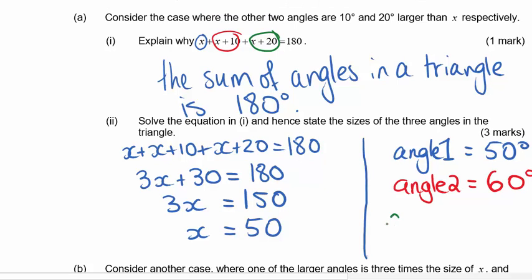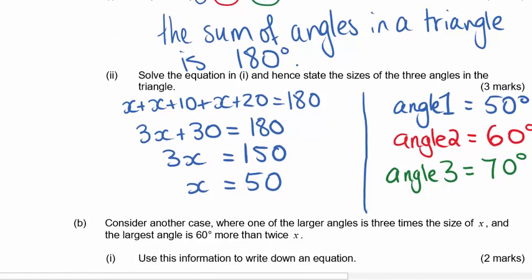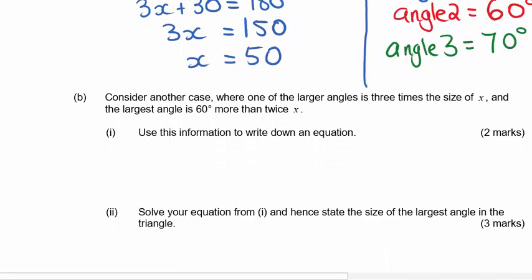And angle 3 is 20 degrees more than our first one, which is 70. And so then, just a quick check that it adds up to 180: 50 plus 60 is 110, and 110 plus 70 is 180 as well. So I know that I've got this right. That's that one. Consider another case.